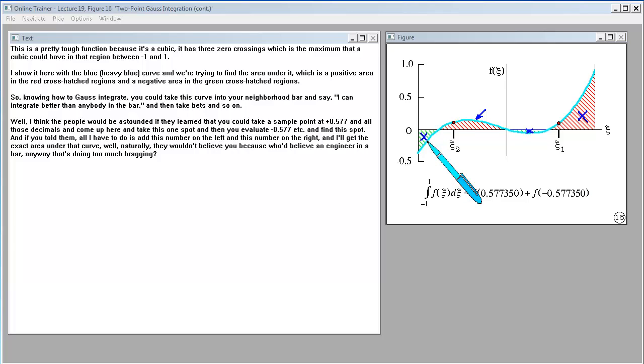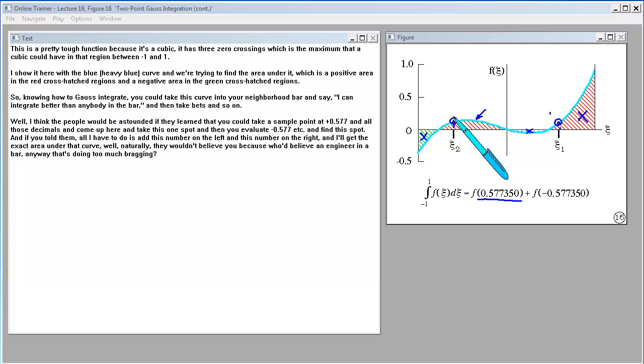So knowing how to Gauss integrate, you could take this curve into your neighborhood bar and say, I can integrate better than anybody in the bar, and then take bets and so on. Well, I think the people would be astounded if they learned that you could take a sample point at plus 0.577 and all those decimals and come up here and take this one spot, and then you evaluate at minus 0.577, etc., and find this spot.